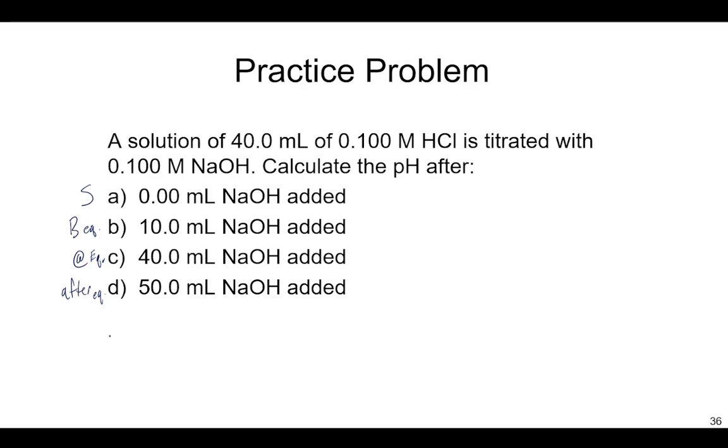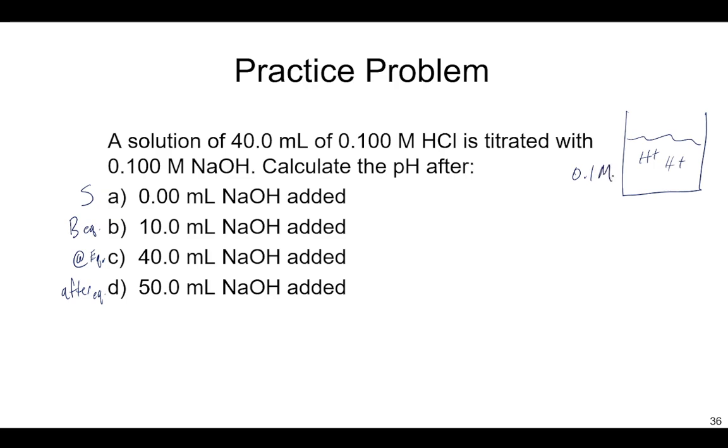Okay, so I would pause the video here and really try to go through each of these to calculate the pH. And then I'll proceed and solve it a little quickly. Okay, so let's read through this. We have a solution of HCl, so that's really just H pluses.